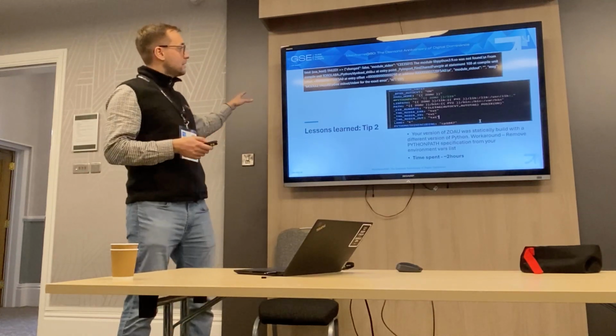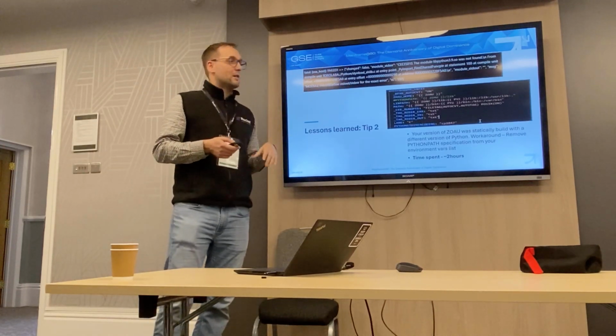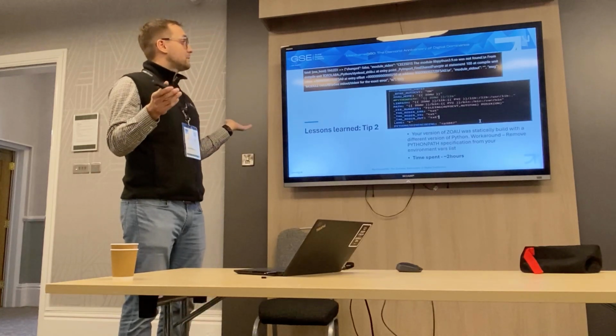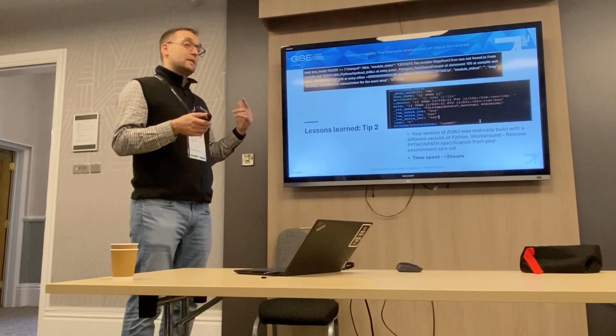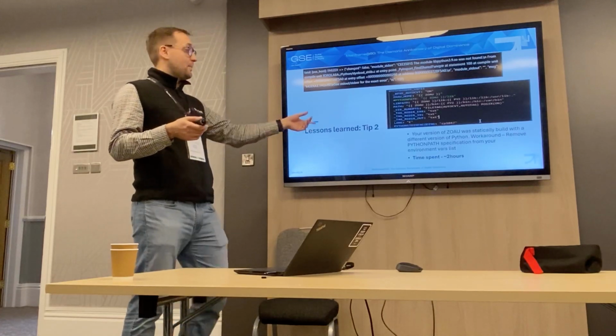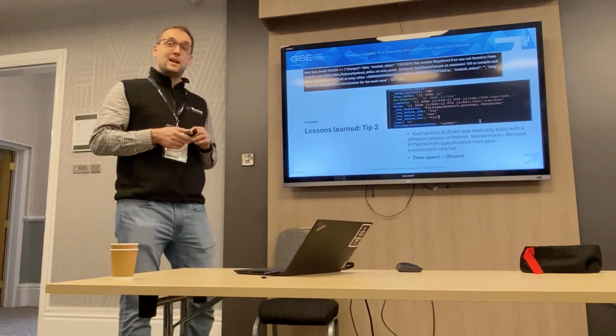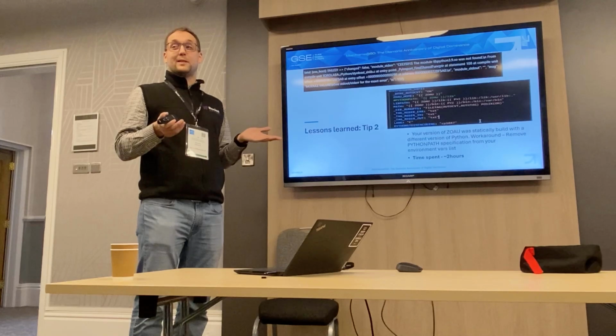And when I tried to run it, I immediately got an error that my module libpython 3.9 was not found. I was thinking, why 3.9? My paths everywhere show 3.11. What the hell is going on?